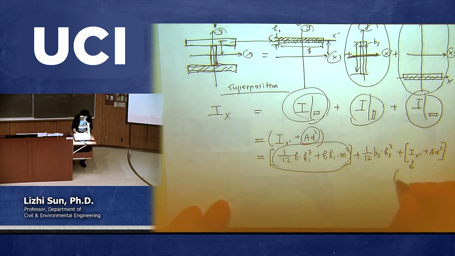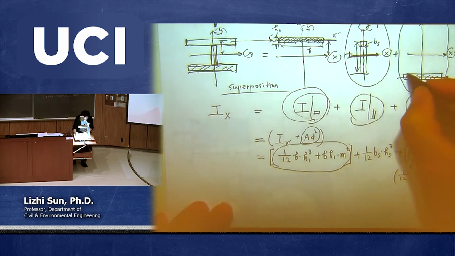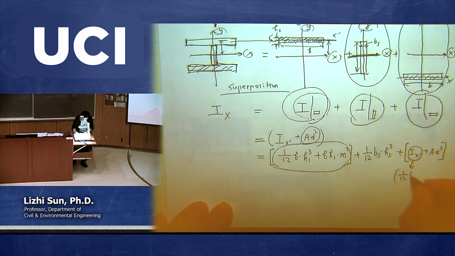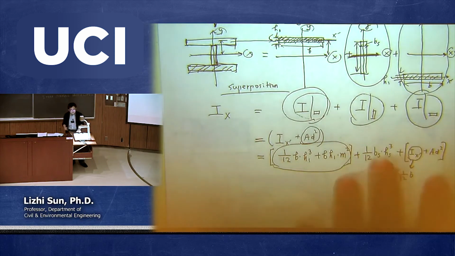Which is equal to the moment of inertia of this rectangular shape passing through the centroid, 1 over 12 again, times b, and then this is the h. I use h1, or it can be h2, just in case they are different, but in reality they are the same.